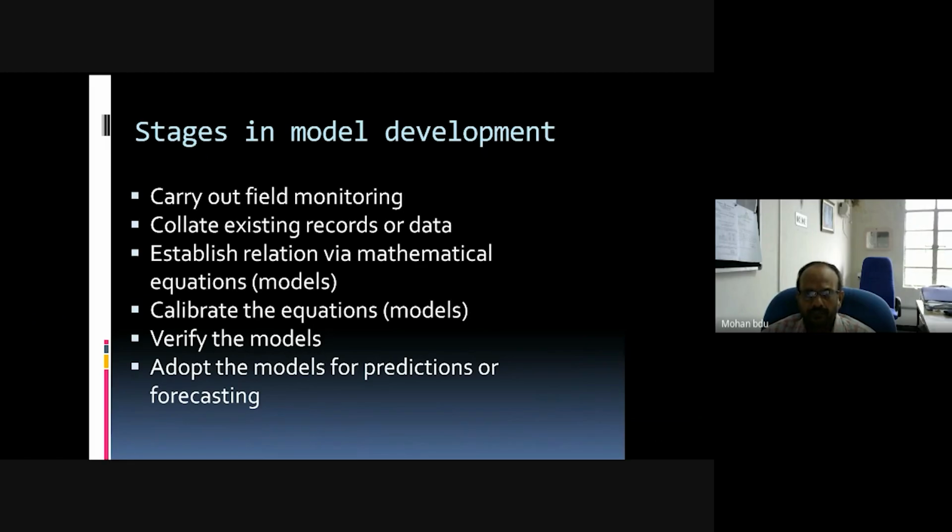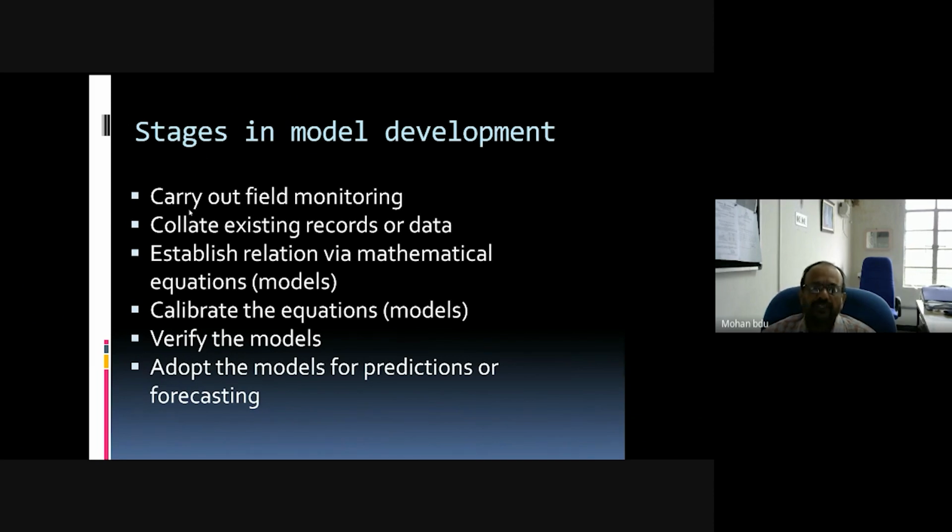So actually, a model is one software or a kind of analytical equation which will have some inputs and some sort of coefficients, and then the output will be of the desired parameter.